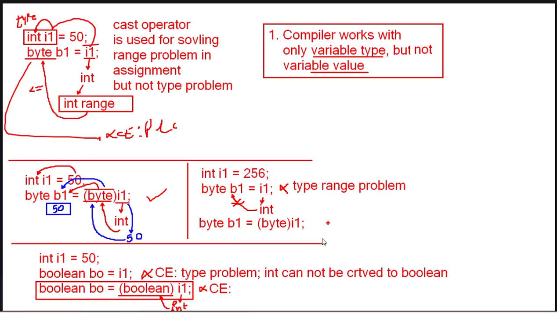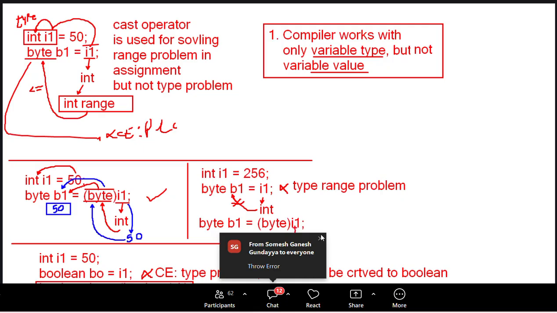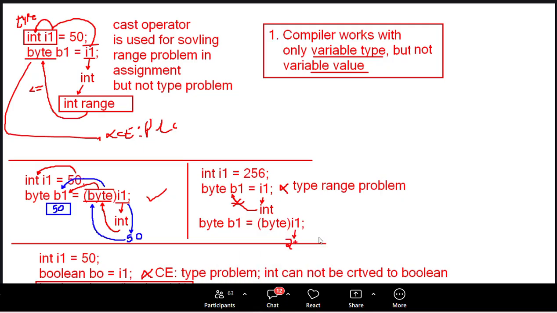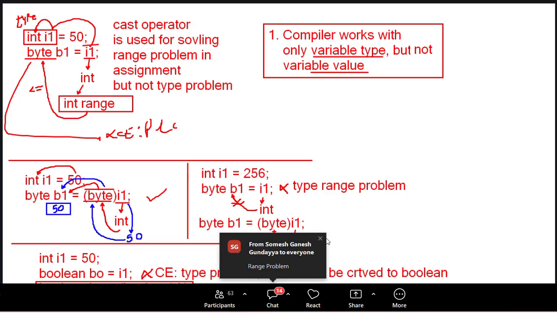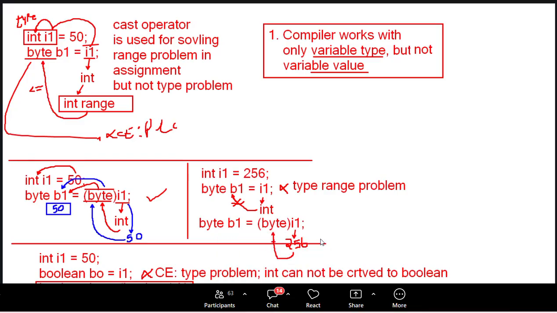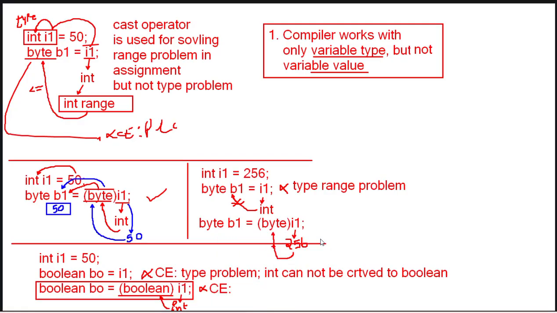The value coming from I1 is, follow, 256. 256 is not in the range of byte. That's why it is throwing error. Then what is our cast operator? If cast operator throws error, then what is the purpose of cast operator?